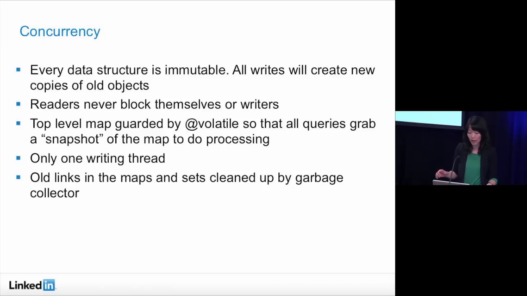And we have only one writer thread. So in such a system, readers and writers never block each other. And as a developer, as long as you follow these two rules, that all of your writes go through the same thread, and if you are introducing a new data structure, you make it immutable, then your read and write are safe in the system.